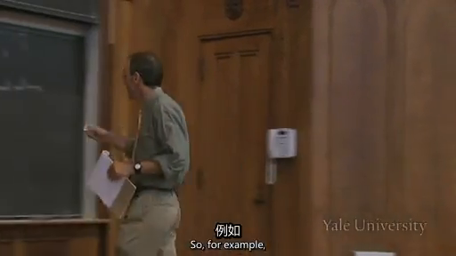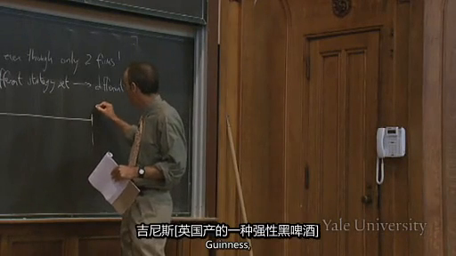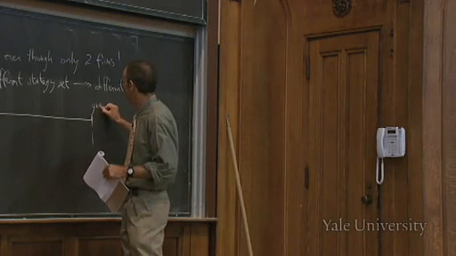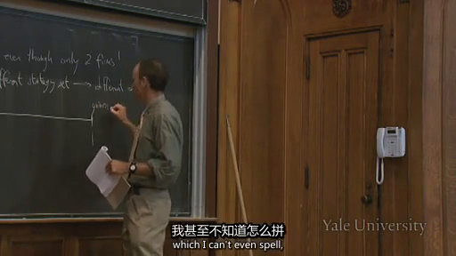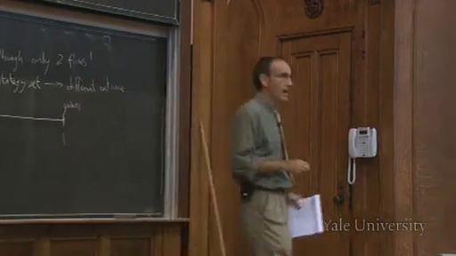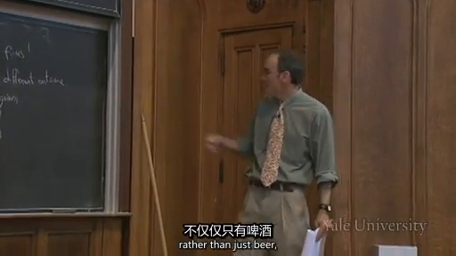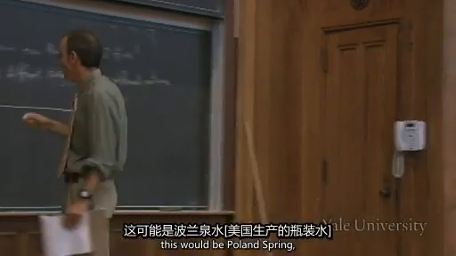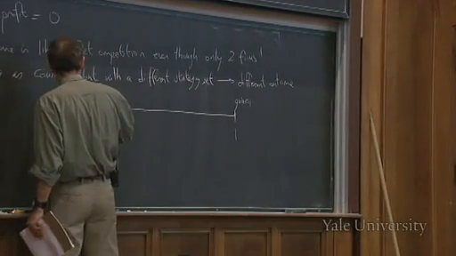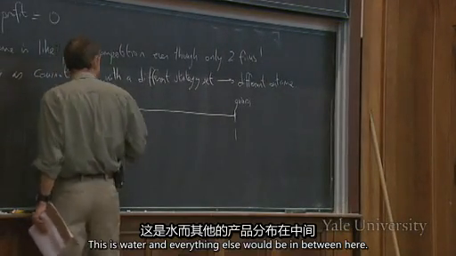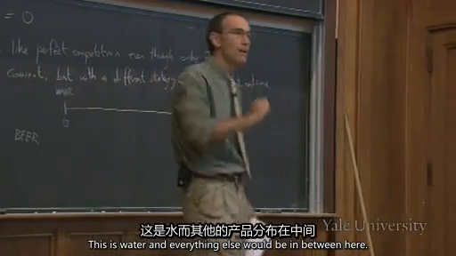So, for example, up here, if we're talking about beer flavor, this might be Guinness. This might be Guinness, which I can't even spell, but you know what I mean. And if you think about the drinks industry more generally here, rather than just beer, this would be Guinness. This would be Poland Spring. All right? This is water. Right? And everything else would be in between here.